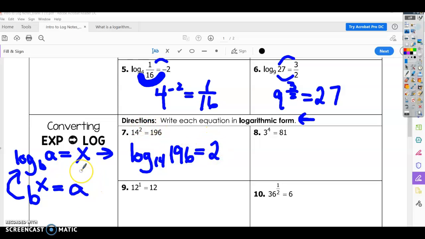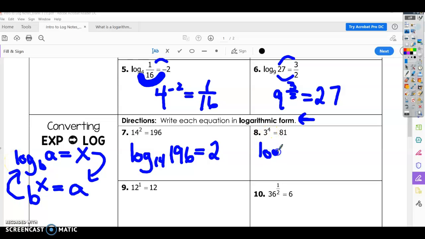So all we're doing is using this at the top of your paper; you can go from one form back and forth. In the beginning, we went from logarithmic to exponential. Now we're going from exponential back to logarithmic.